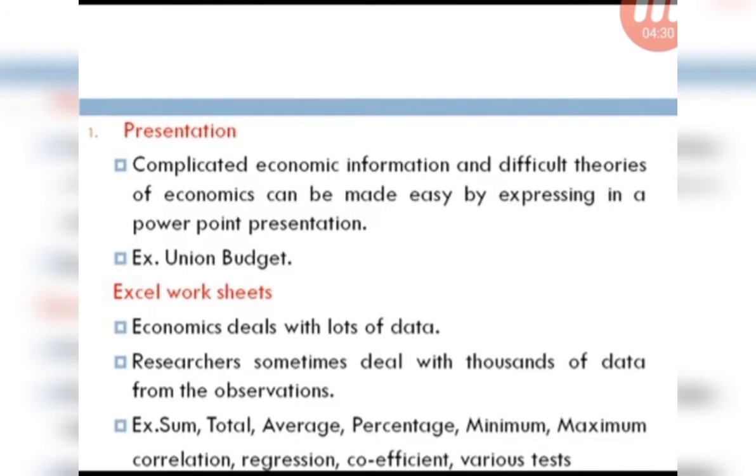This is quite effective whenever there is a lot of data. When we are preparing results, in the Excel worksheet we can find your percentage, total, and grades, which makes our work very easy. So this is the second point in computer technology.